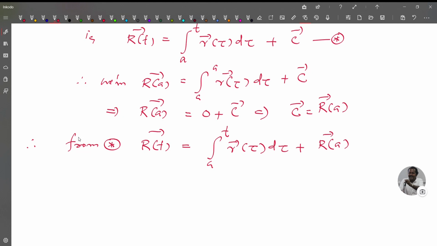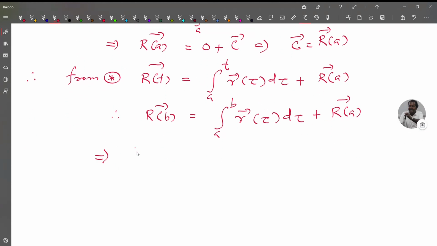Therefore, R of b equals the integral from a to b of r of tau d tau plus R of a. From this we get R of b minus R of a equal to the integral from a to b of r of tau d tau.